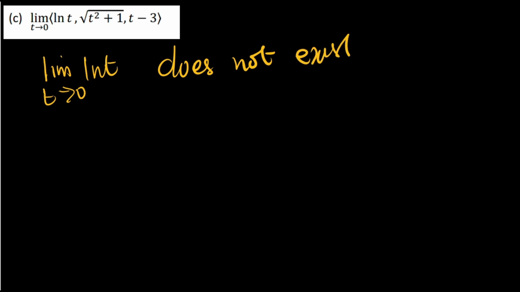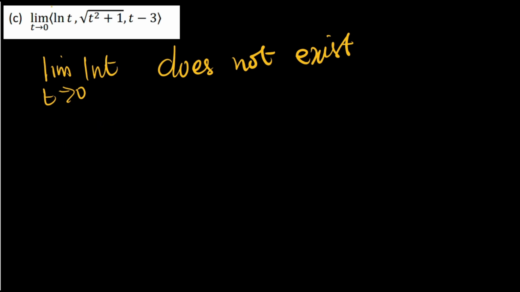And since this does not exist, there is no need computing the limit of the remaining component functions, because if the limit of one of the component functions does not exist, then the limit of the entire vector function does not exist.